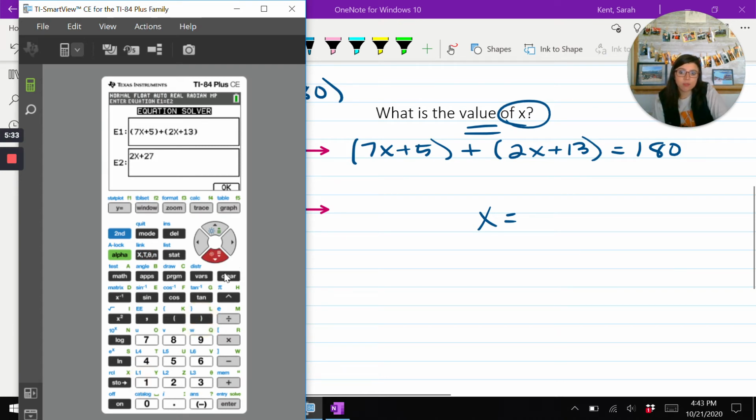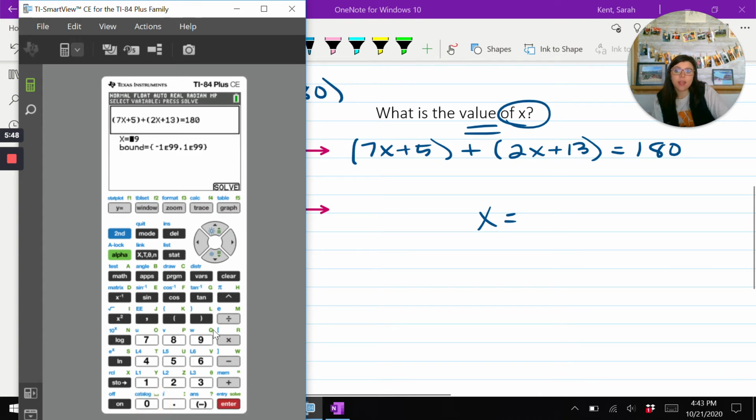And then down for E2, expression 2, all I'll put is 180. So here I'll type in 180. And then again, I'll press enter. To get my final answer, we'll press alpha graph. So I can see this time my answer is x equals 18.